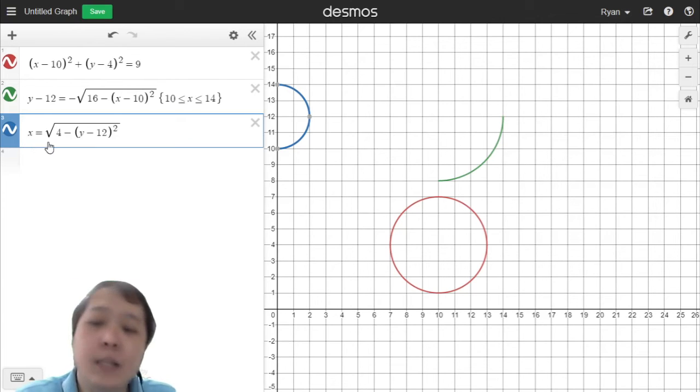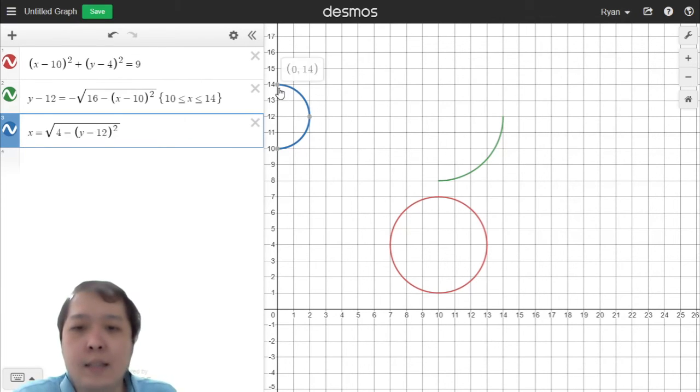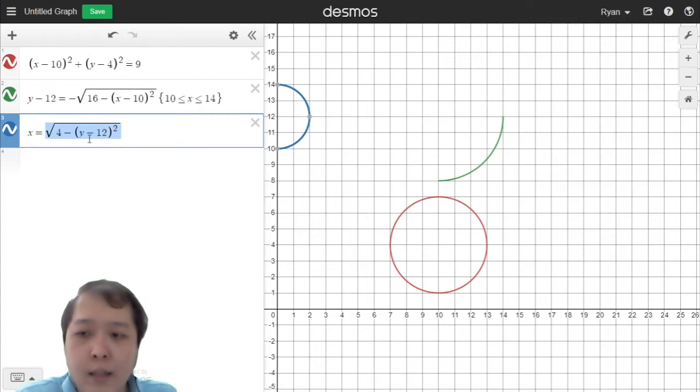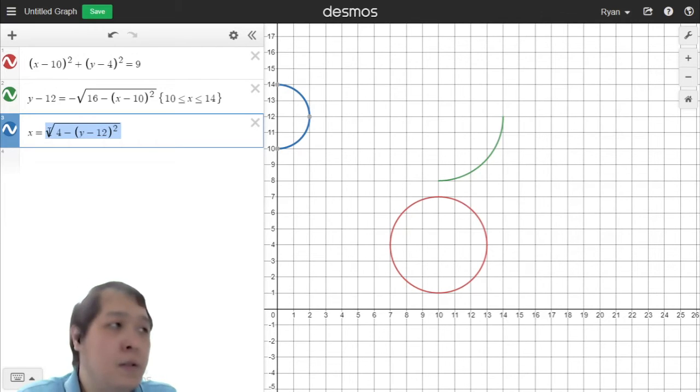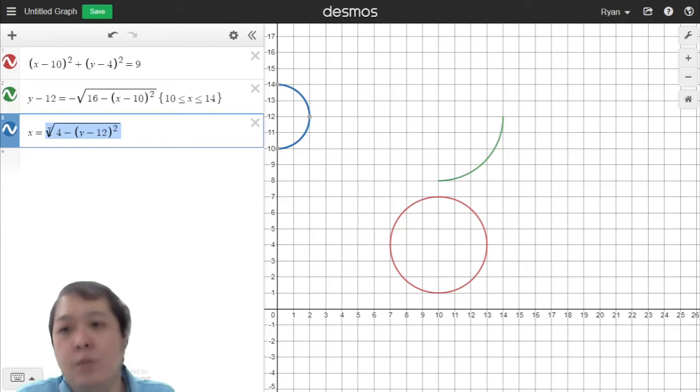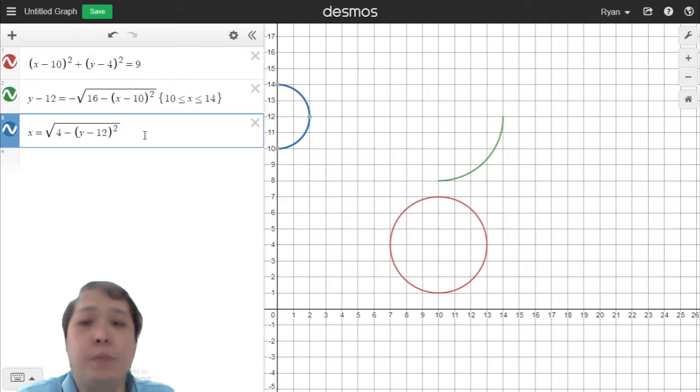Subject of the equation. And again, whatever the result here, it is always positive, because the square root of numbers must be positive or 0. 0 will be the least possible value. That's why we will not have negative x here.